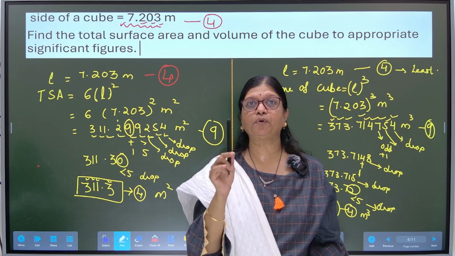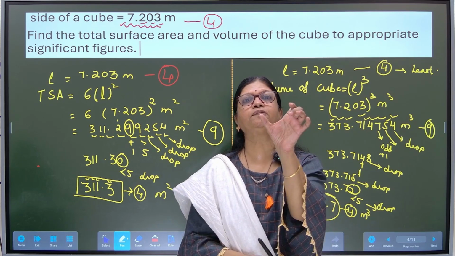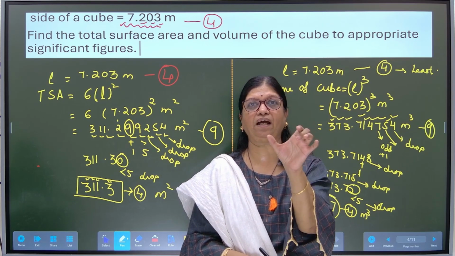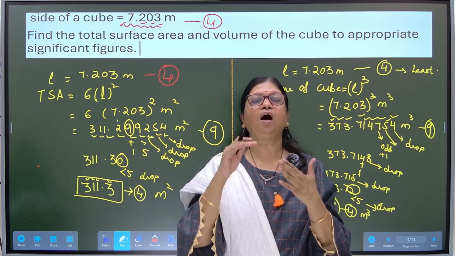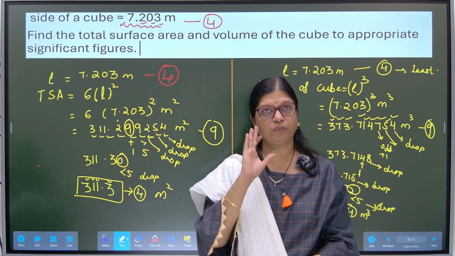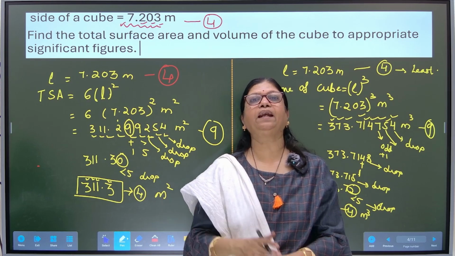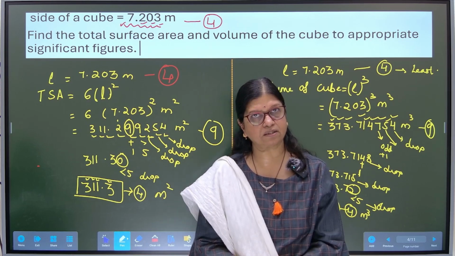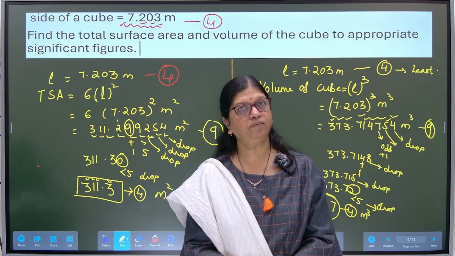What are the appropriate figures? The least number of significant figures given in the data if we are multiplying or dividing. Fine. So I hope you have understood, and I will just move on and you just take a screenshot of what we have done just now.